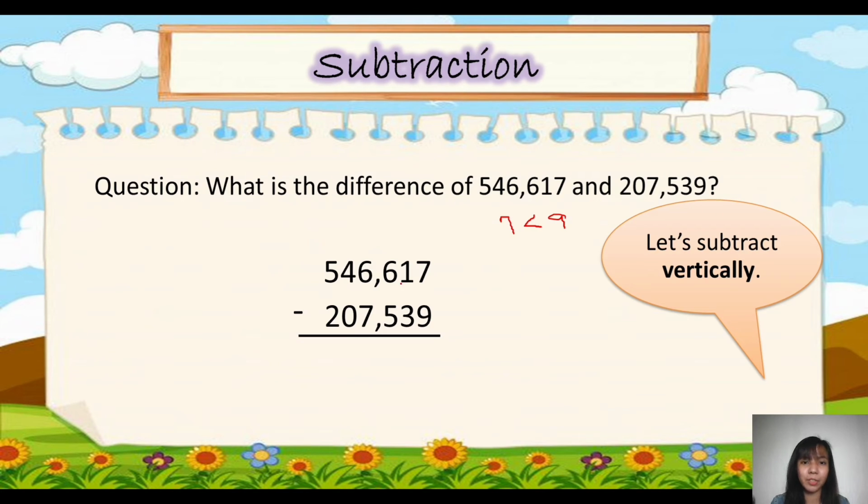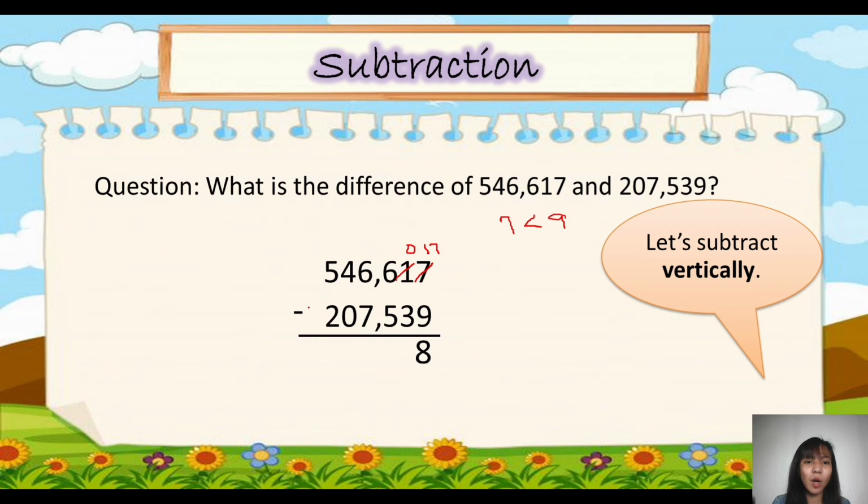Remember the rule: borrow from the number 1 here. So the number 7 here will become 17. So 17 minus 9 equals 8. And then the number 1 here will become 0 because the 7 borrowed from it. So now it becomes 0.